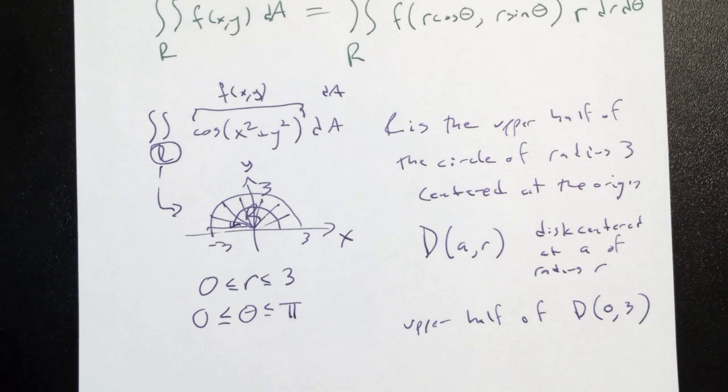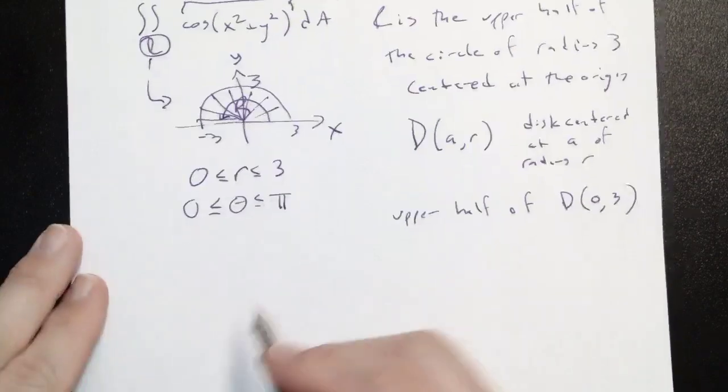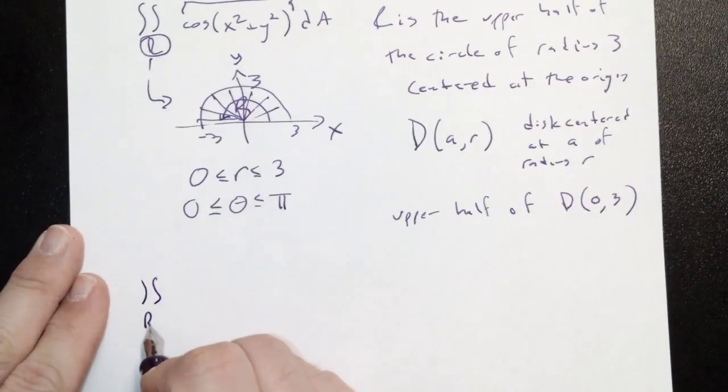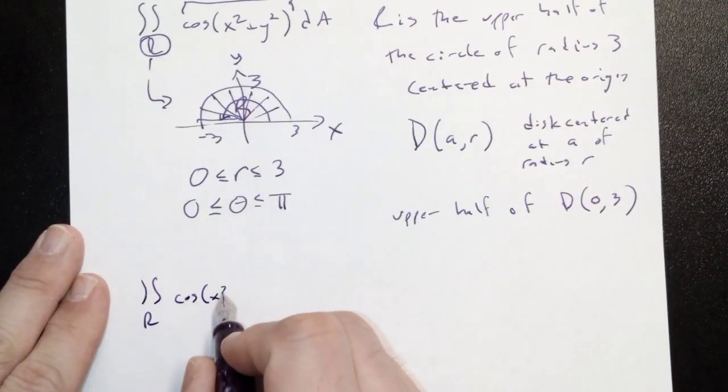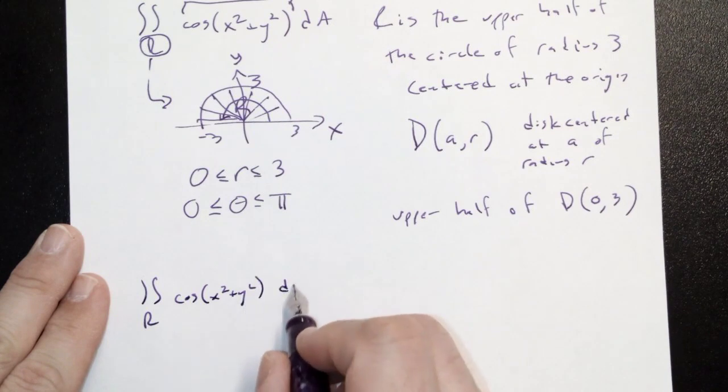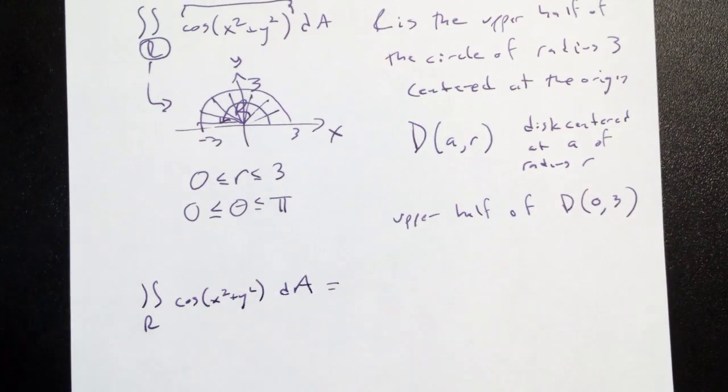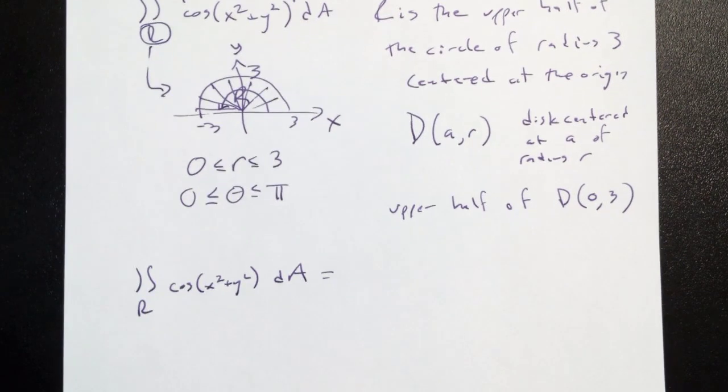Okay. Let's change this entire double integral from x and y into polar. Which means I need to convert x to r cosine theta and y to r sine theta.